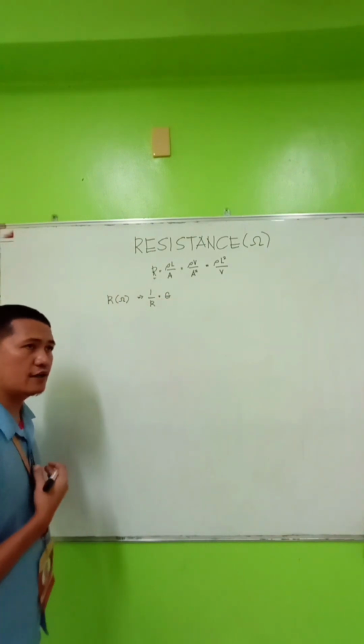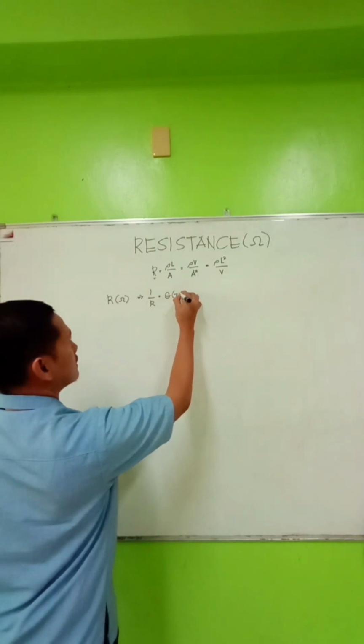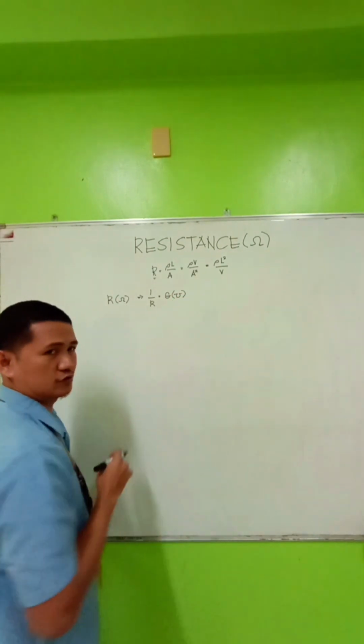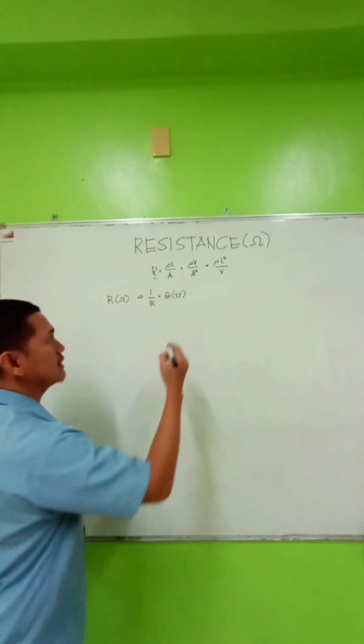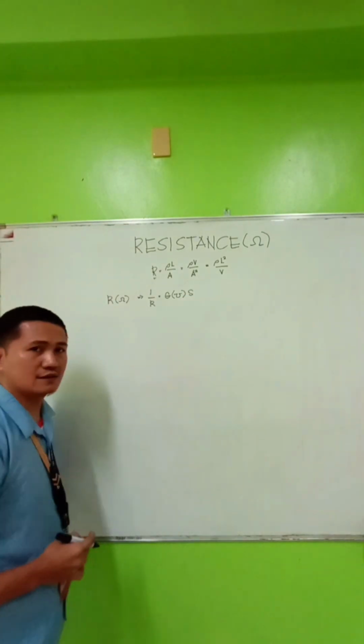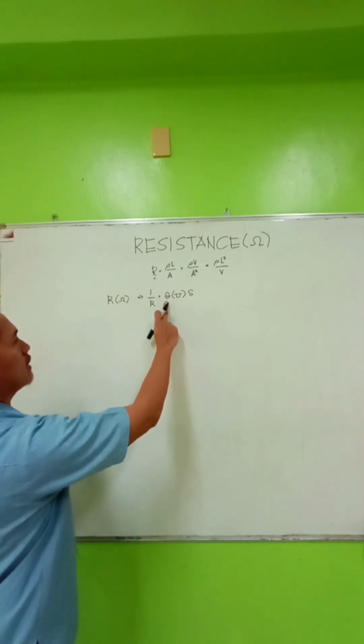What is the unit of our conductance? Yes, the unit for our conductance is inverted ohms. But nowadays, the unit for your conductance is the Siemens. Okay? Siemens. So, what is the formula for your conductance?